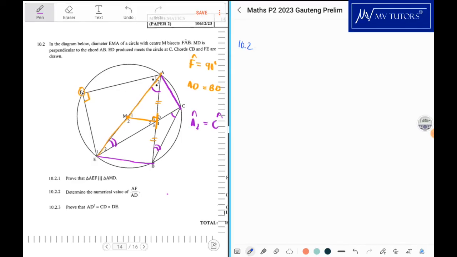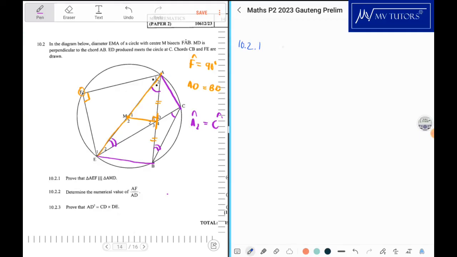Alright, like I said, I don't know if you're going to need it, but let's go through the questions. So it says in 10.2.1, prove that triangle AEF is similar to triangle AMD. So here we're not really given lengths per se, we're dealing more with angles. So if we're going to show similarity, I would rather we go the route of showing that the angles are equal.